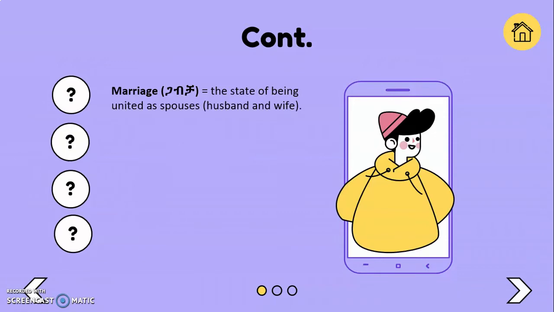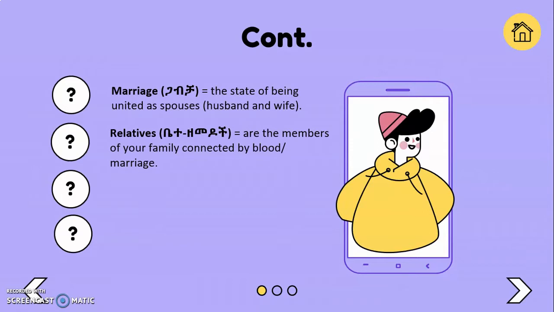Marriage. The state of being united as spouses or husband and wife is called marriage. Relatives. They are the members of your family connected by blood or marriage.